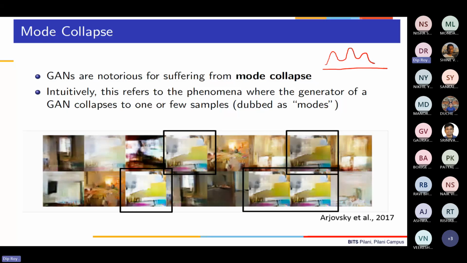Now, what is going to happen is, your generator is trying to generate samples as close as possible to your true distribution. Now, what happens in practice is, this is also a high probability area, this is also a high probability area, this is also a high probability area. Now, what GAN is going to do, you will see from these examples. You see these particular samples. These samples are almost similar.